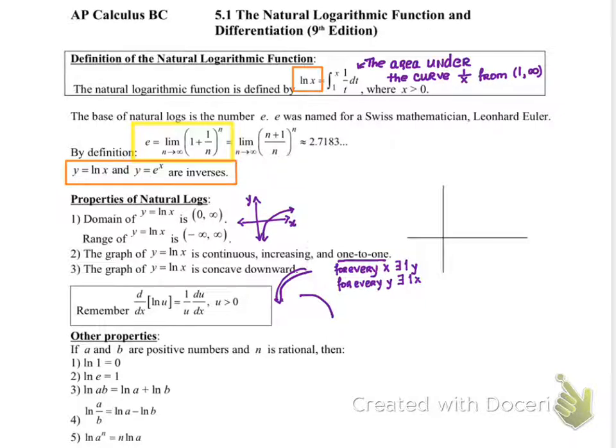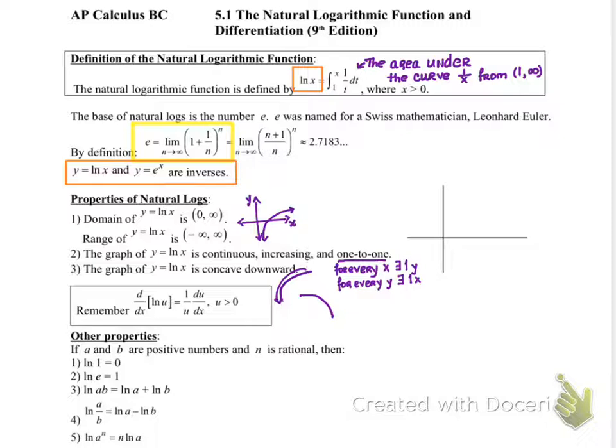Now, you need to remember that the derivative of the natural log of some function is 1 over whatever you're taking the natural log of, times the derivative of what you're taking the natural log of. So we go through some old properties from, I believe, Algebra 2.